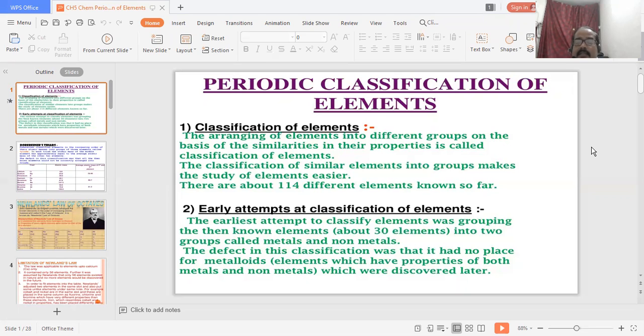But first, why do we classify the elements? Suppose in ancient time, and in 1860, some limited elements were known, 4 or 5. After that 12, 18, 42, 64, 80. But in present time, 118.